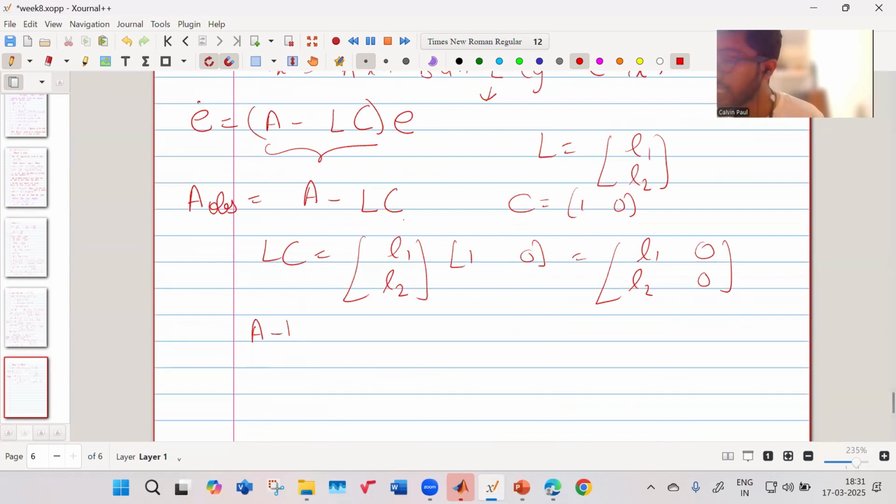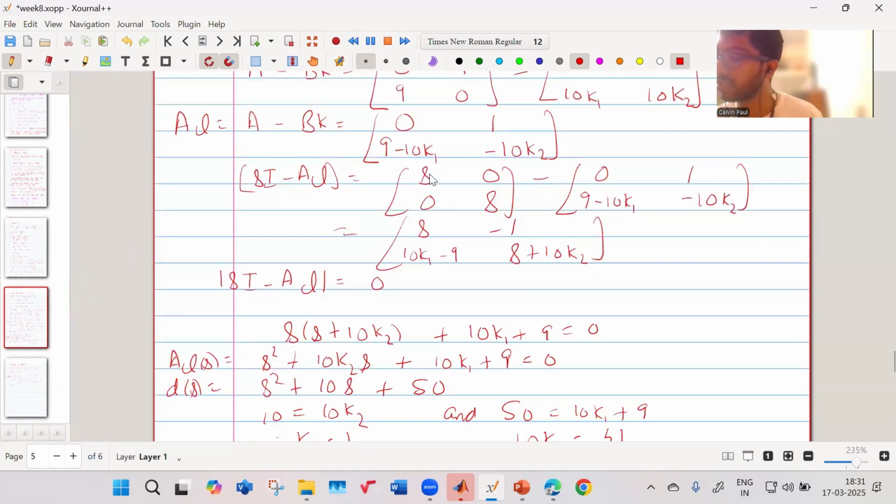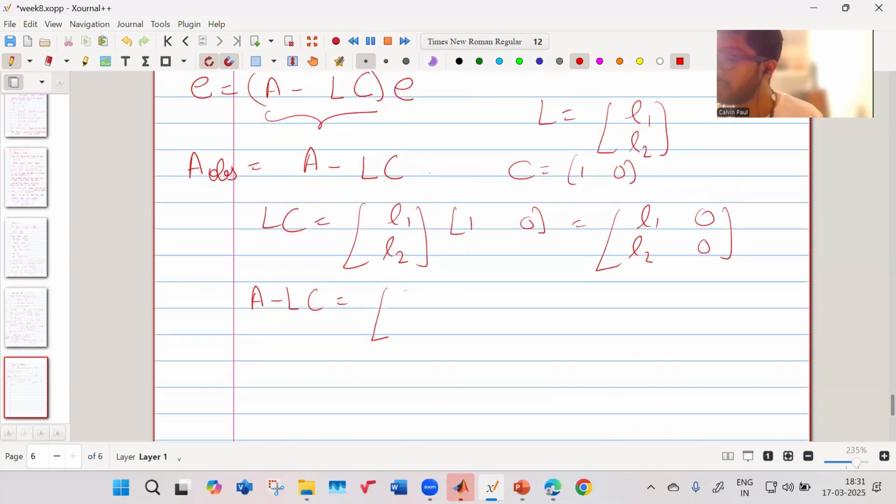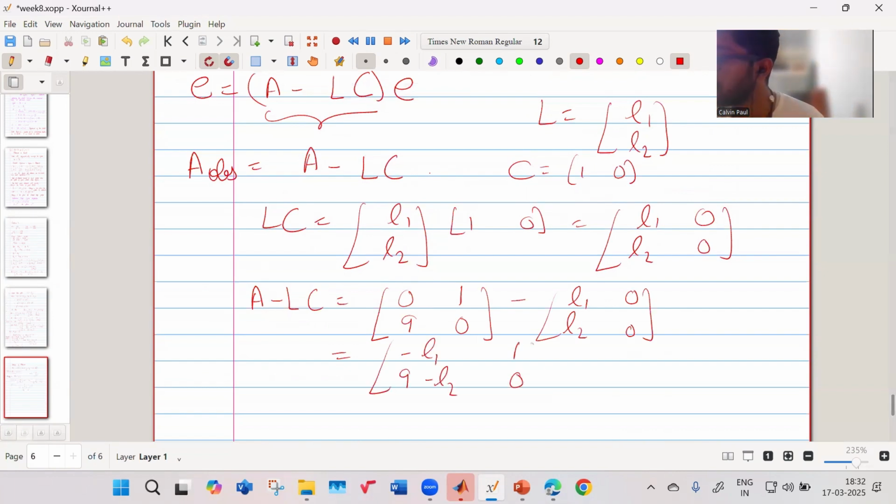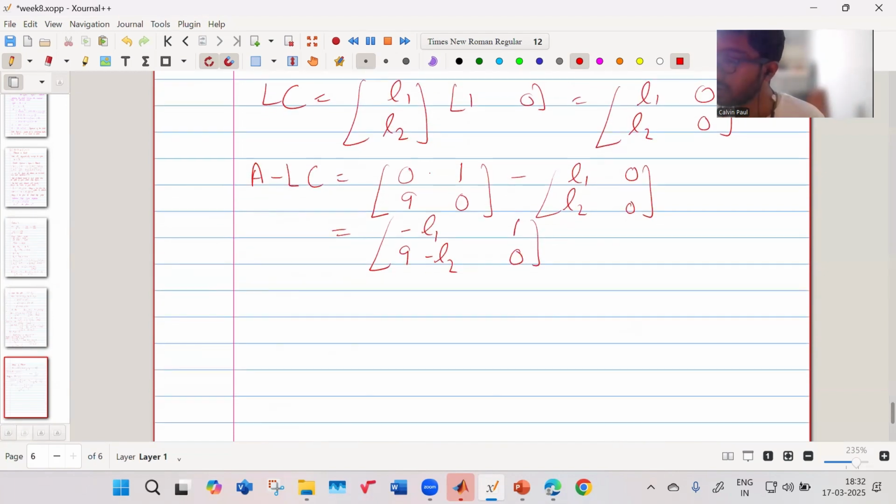So A minus LC is equal to, what is our A? A is [0 1; -9 0] minus [L1 0; L2 0]. That is equal to [-L1 1; -9 - L2 0]. So this is our A observer.